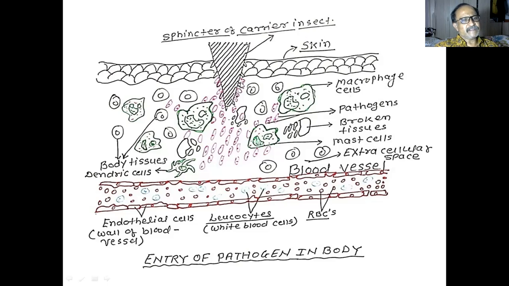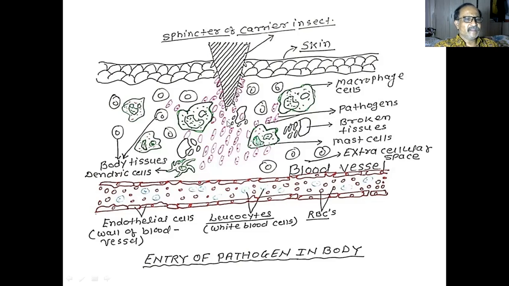The pathogens are present attached with the sphincter of that animal. For example, mosquito. मस्कीटो का जो स्फिंक्टर रहता है वो स्फिंक्टर पे क्या रहते हैं? मलेरिया के पैथोजेंस रहते हैं। जब वो स्फिंक्टर बॉडी में पोर करता है तो स्फिंक्टर को जो पैथोजन अटैच है, that pathogen enters the body of the animal.